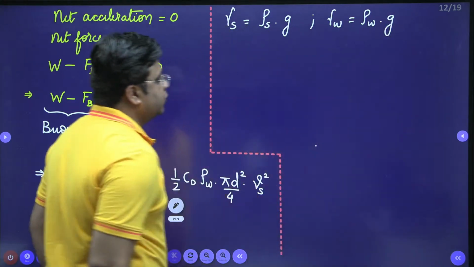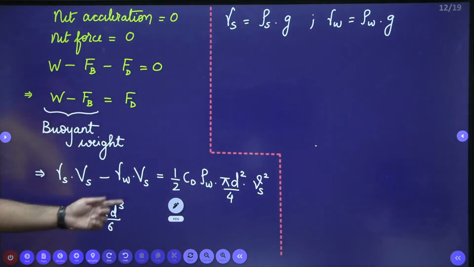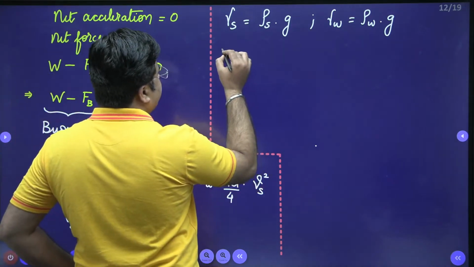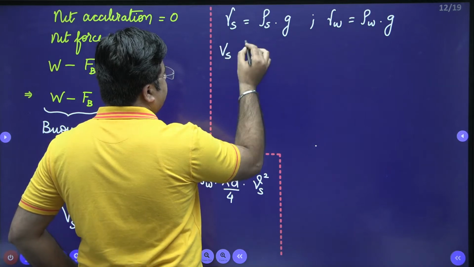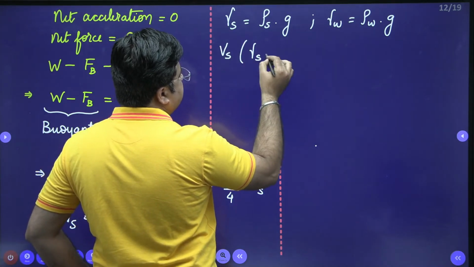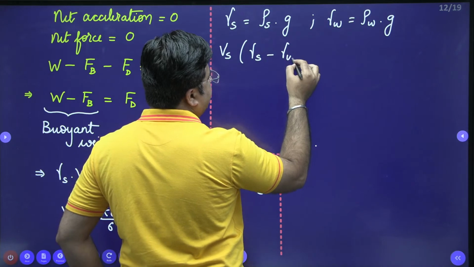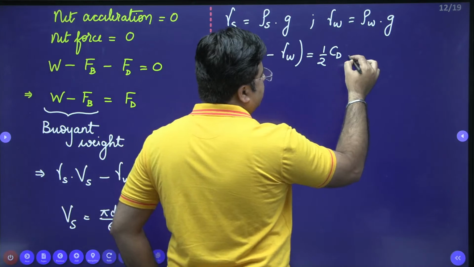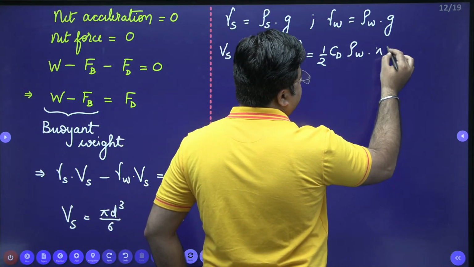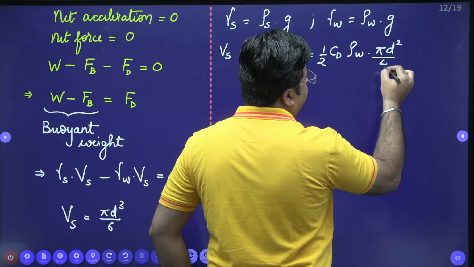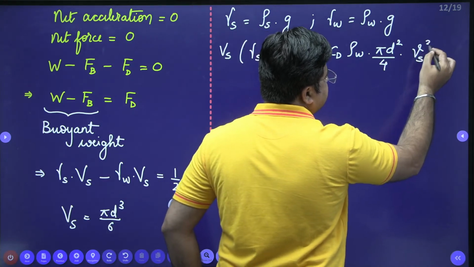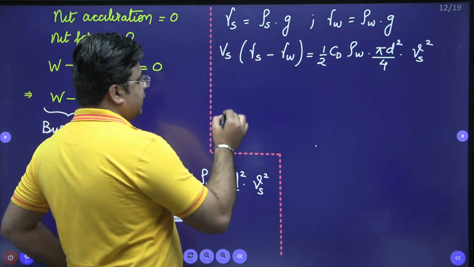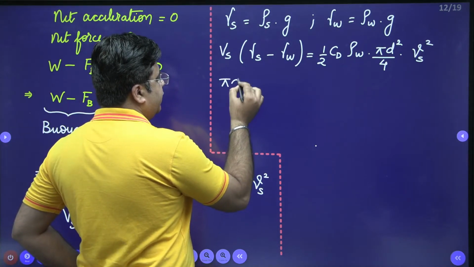Substitute all these values in this expression. Take Vs common from the first term. So you have Vs into gamma s minus gamma w is equal to half CD rho w, A which is pi d square by 4, into Vs square, which is the settling velocity square. And capital Vs can be written as pi d cube by 6.